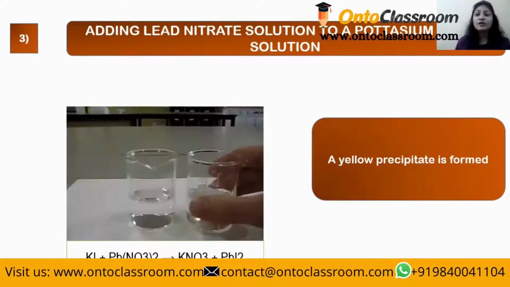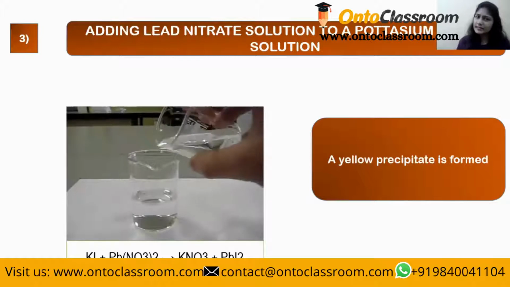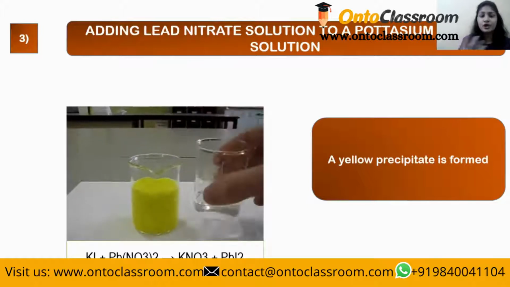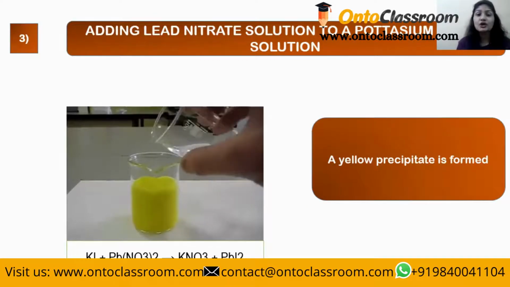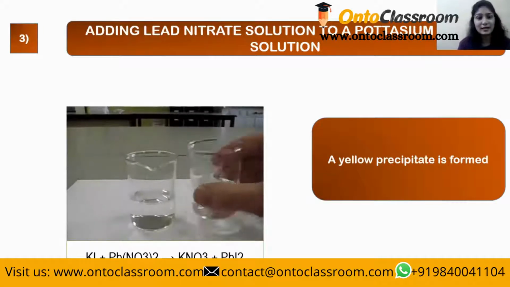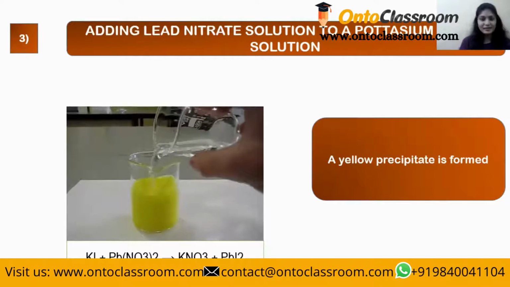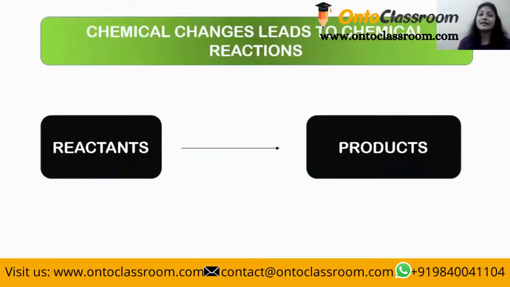So when two or more reactants react together to give you products, you can say that a chemical reaction has taken place. Correct? That is how a chemical change leads to a chemical reaction.